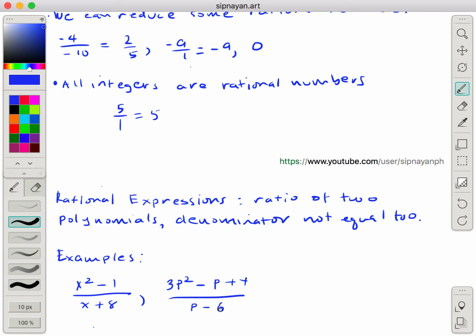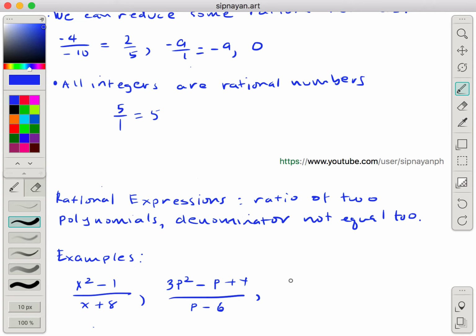So this is another rational expression because both the numerator and the denominator are polynomials, and at the same time hindi naman zero yung kanyang denominator. For some numbers, magiging zero lang yan pag magiging ang 6 itong p mo. So dapat hindi siya magiging 6. Later i-discuss natin yung mga restrictions na yan.